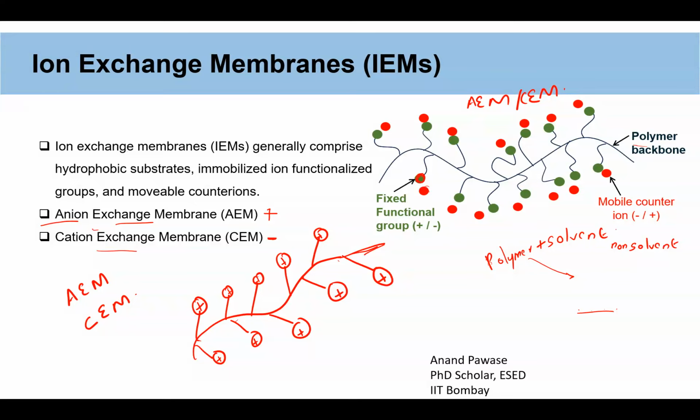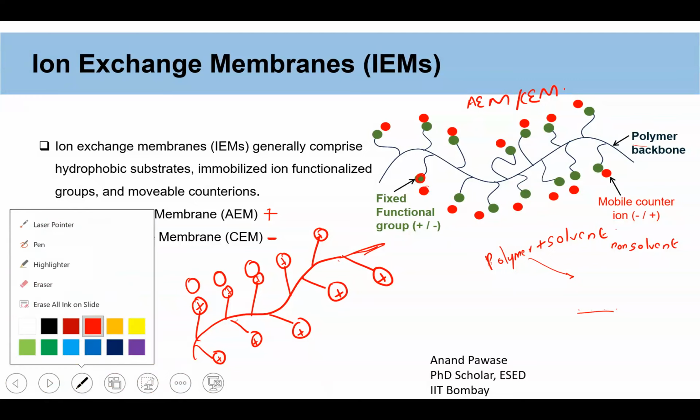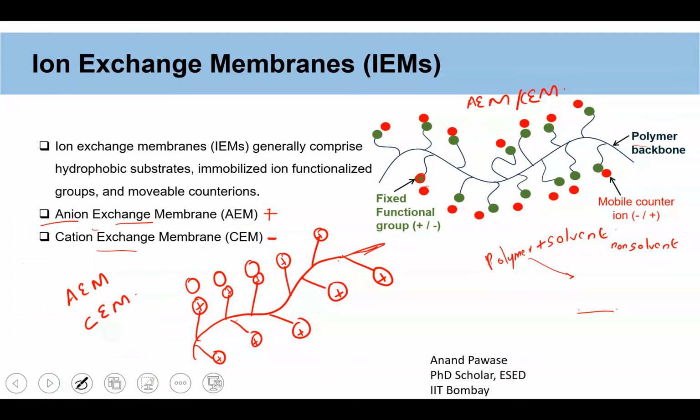Okay, so movable one. Movable one means it can be exchanged, it can pass through. That means here, I will take some other color. You can see these particular points.